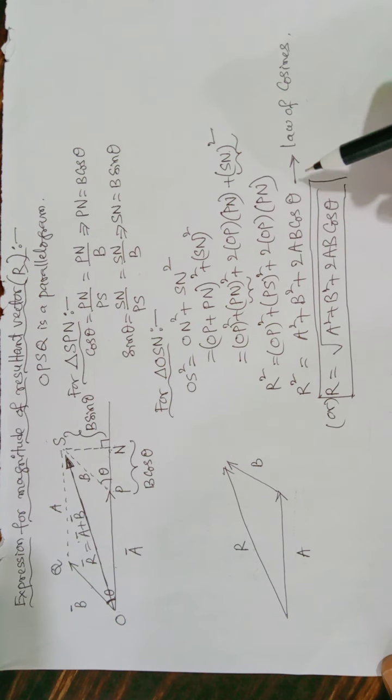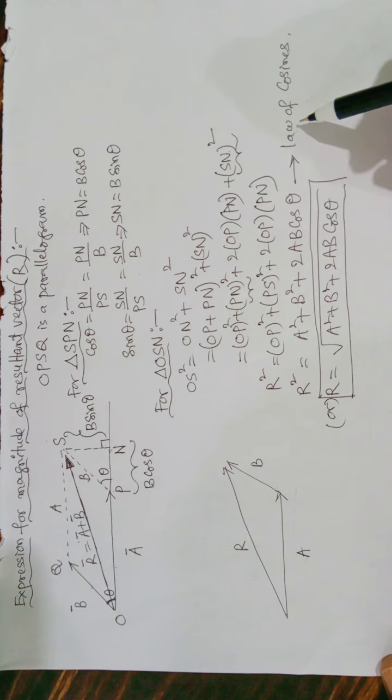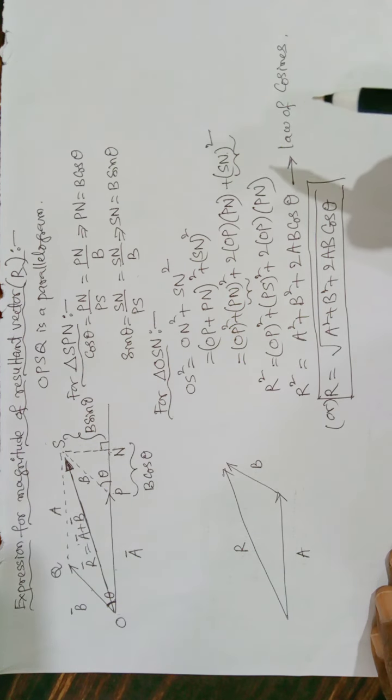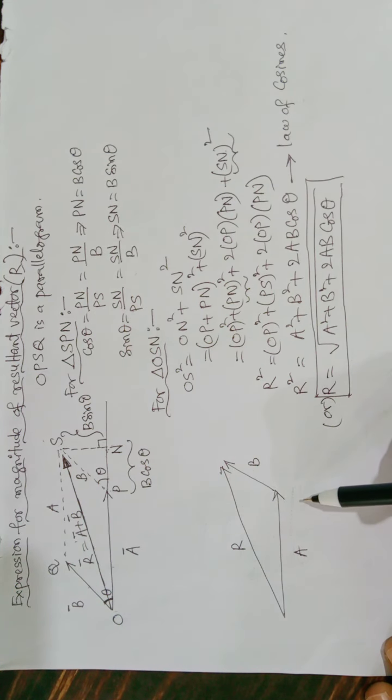And this is nothing but the law of cosines. See, you get this in your mathematics. What is law of cosines, and what is its use? Generally, when a triangle is a right angle triangle, we can make use of Pythagoras theorem to find the magnitude of the hypotenuse. But when it is a triangle like this, which is not a right angle triangle, and you want to find a relation between the three sides, the law of cosines is used.